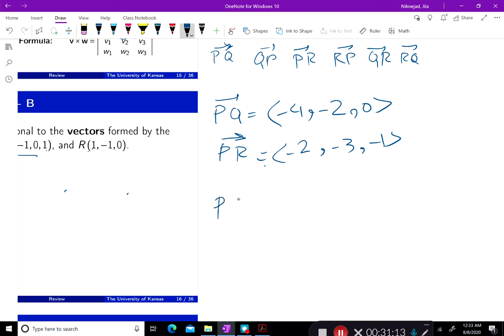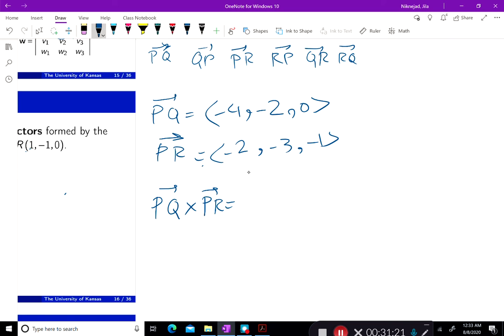So PQ cross PR. So, the determinant of IJK, then the first vector, then the second.